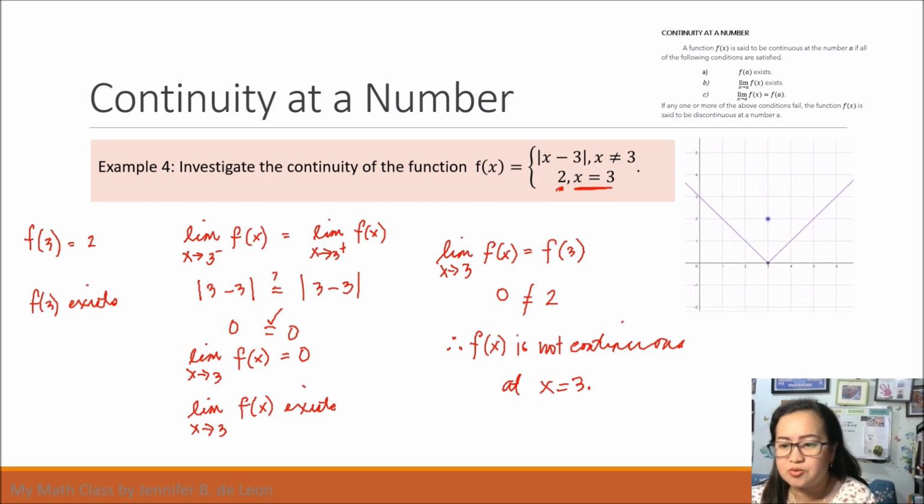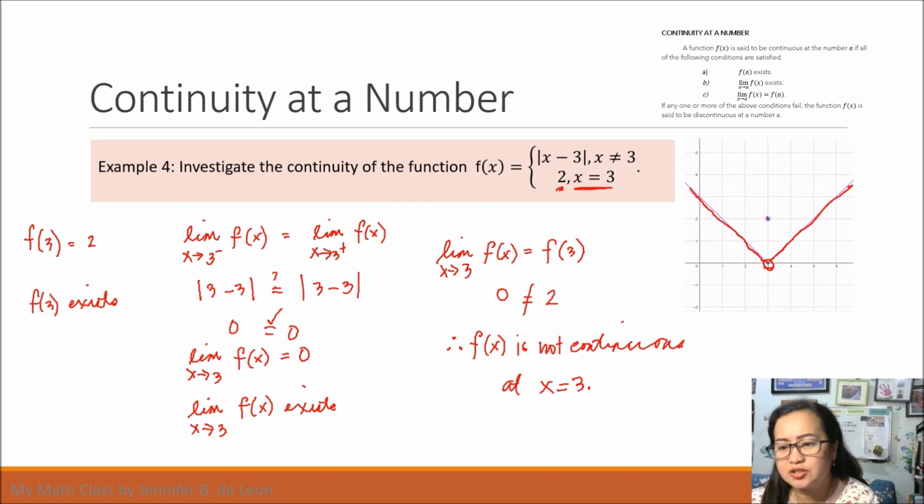So take a look. Since in the absolute value of x minus 3, x is not equal to 3, this should be an open hole or an unshaded dot. So if we trace this, we will be interrupted by this hole before proceeding to the other part.